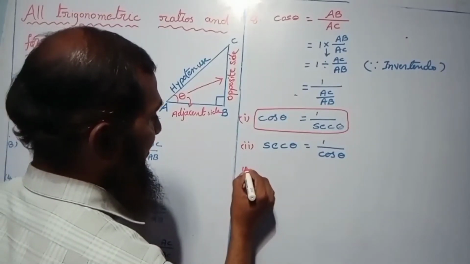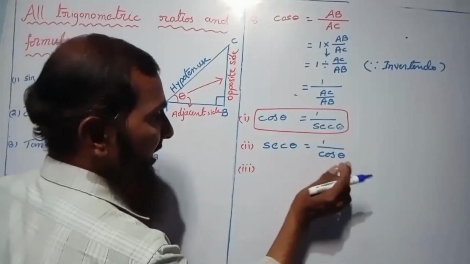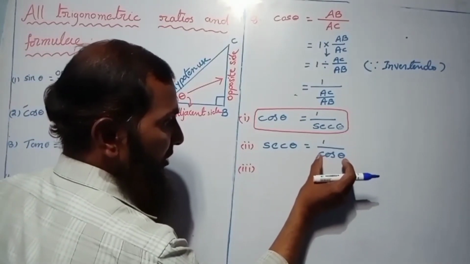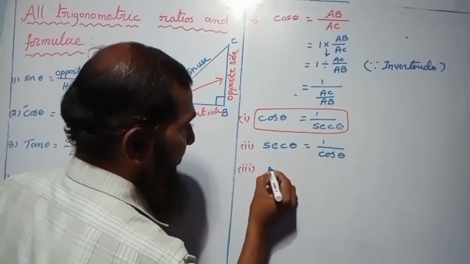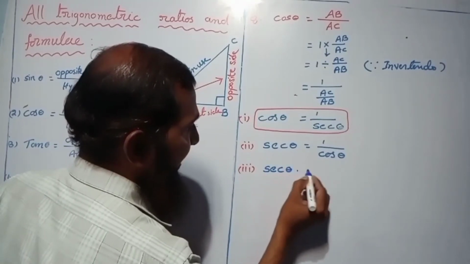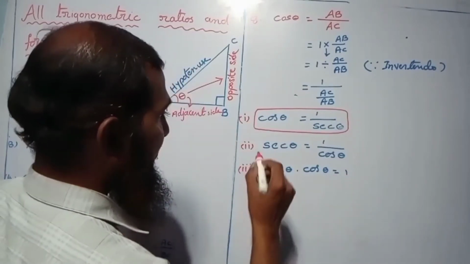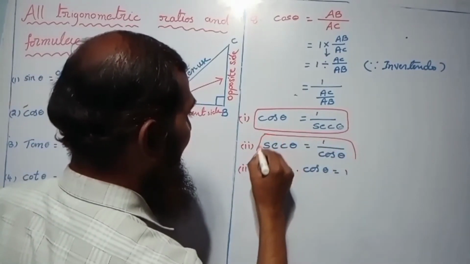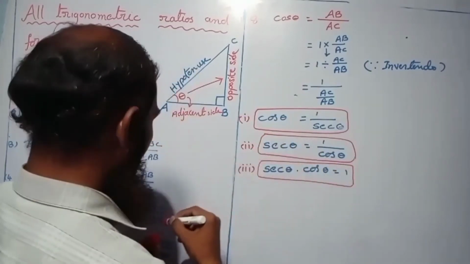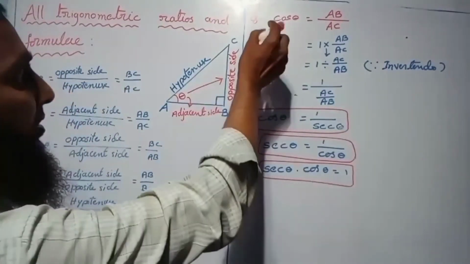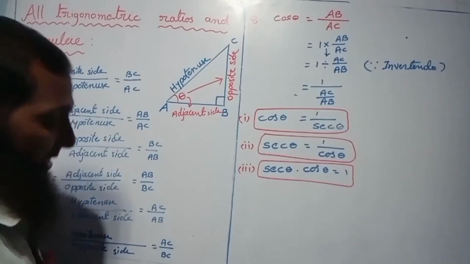And the third one, if I transpose cosecant theta to the LHS from the RHS, then we should get secant theta into cos theta is equal to 1. So these are all 3 formulas written using cos theta and AB by AC.